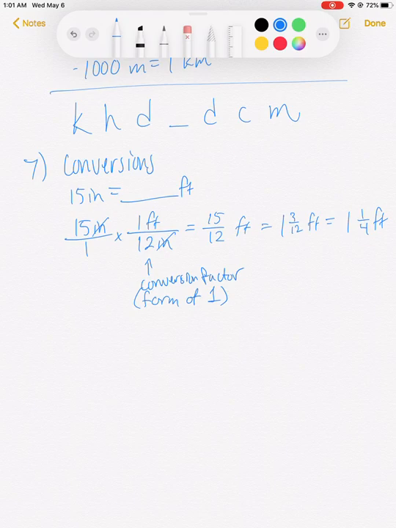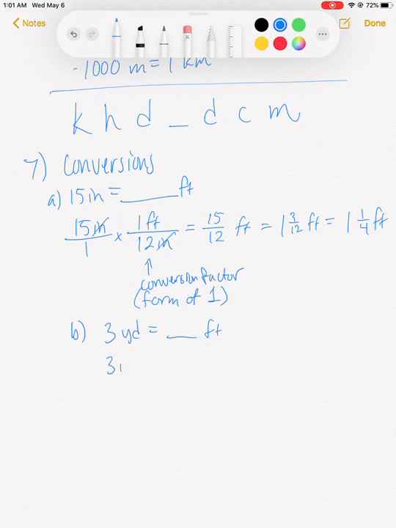Let's do one with feet and yards. We have 3 yards equals blank feet.